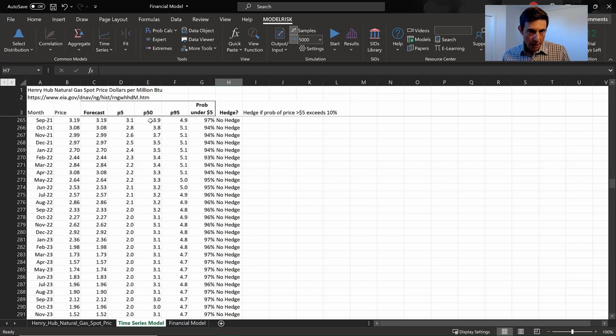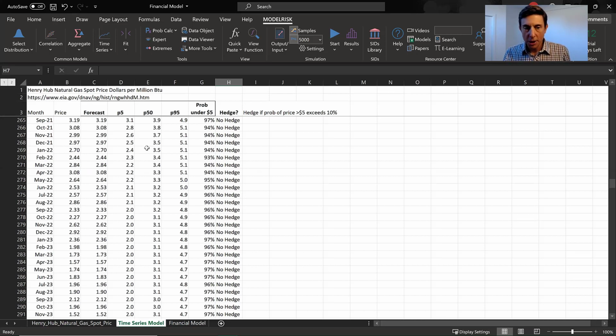I'm telling them the probability of the price exceeding, or being below, $5 and whether they should hedge or not. And that's what Taleb is talking about: tell me the uncertainty you have. That P5 and P95, that's my 90% confidence interval.